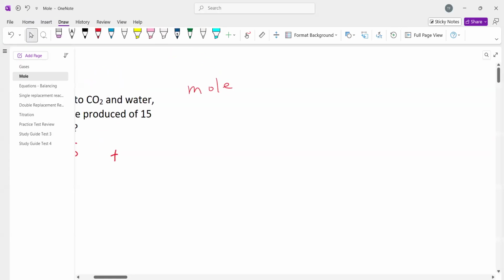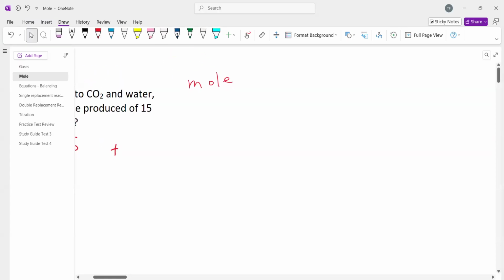So, the mole is defined as 6.02 times 10 to the 23rd atoms or molecules.